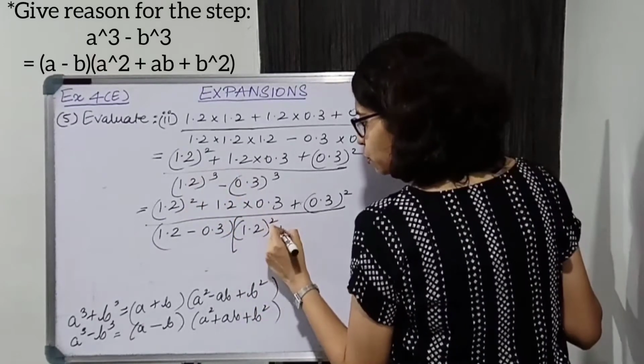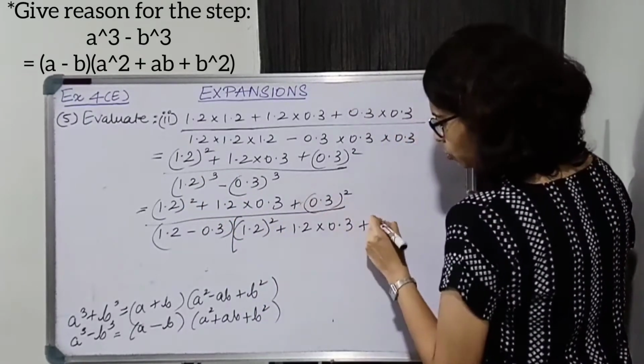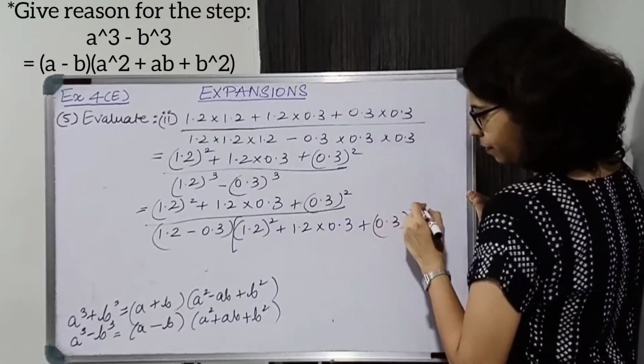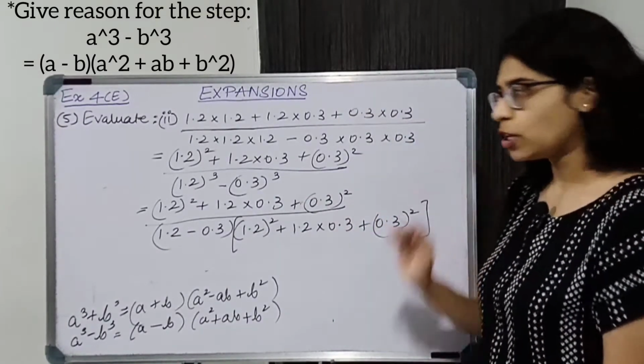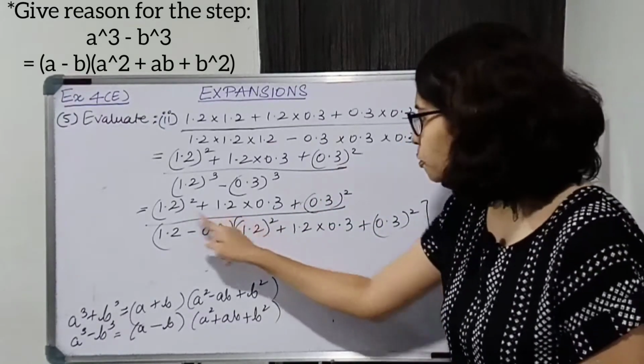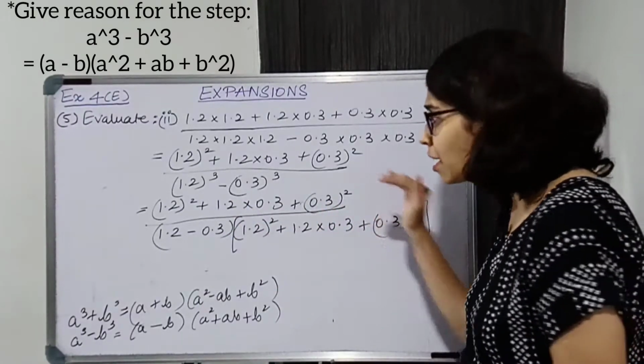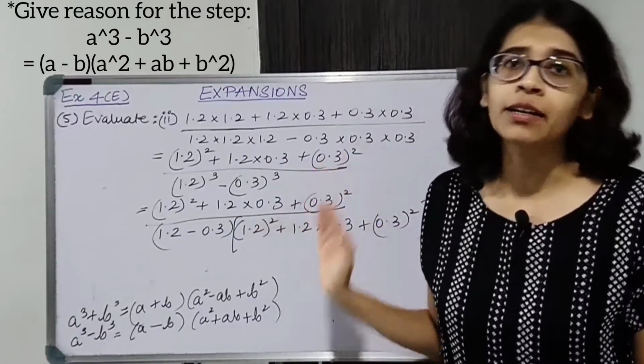So 1.2 into 0.3 plus b square. So 0.3 square. Okay. Now check. This entire bracket is same. 1.2 square plus 1.2 into 0.3 plus 0.3 square. Entire bracket is same, so I can cancel out the entire bracket.